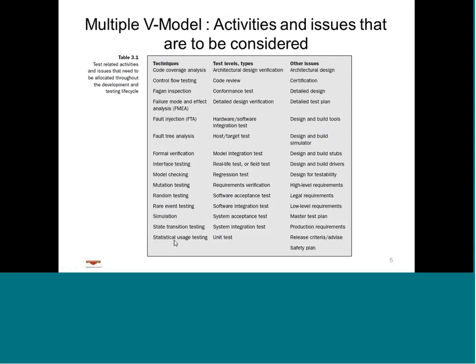These are the techniques that can be considered. It need not be all of them, some of these based on applicability, and the corresponding test levels or types where they can be applied. For example, code coverage analysis can be applied for design verification, and control flow testing for code review.